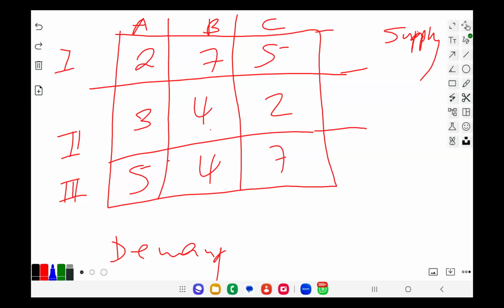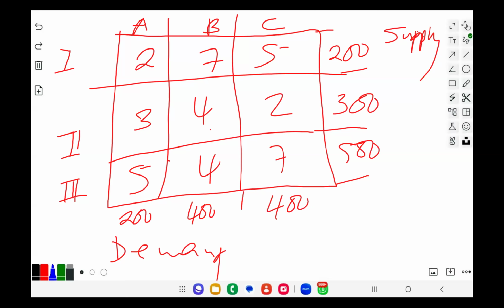Then in terms of supply, you have 200 supplied from source one, 300 from source two, and 500 from source three. Then in terms of demand, you have 200 demanded in destination A, 400 demanded in destination B, and 400 demanded in destination C.